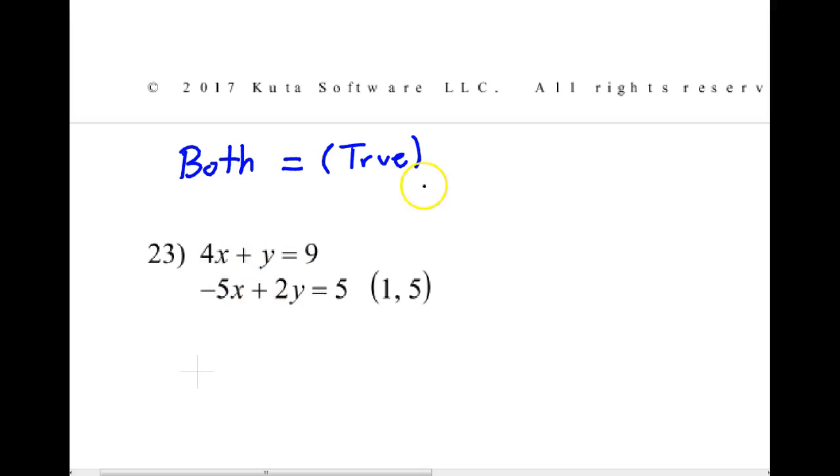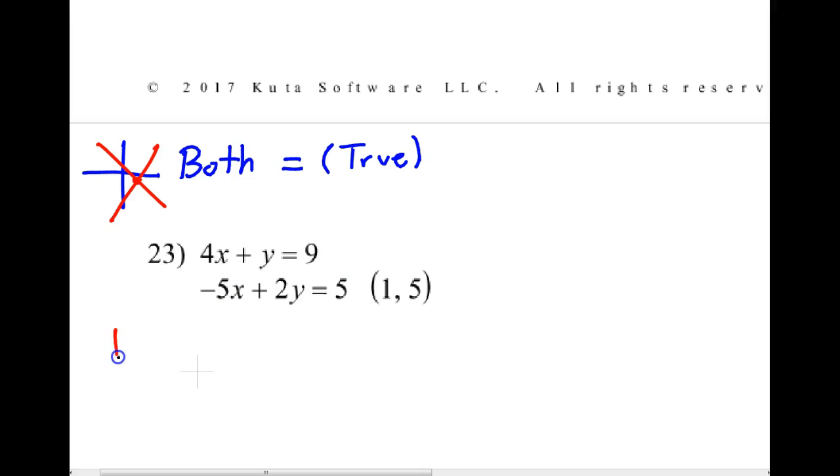You have to check both. You might remember graphically, this is where two lines intersect. So if it's true for this one, that means it's on this line. And if it's true for this one, that means it's on this line, and it's where they intersect. So it could be true for one but false for the other. So you've got to check both. So just more of the same that we just did.